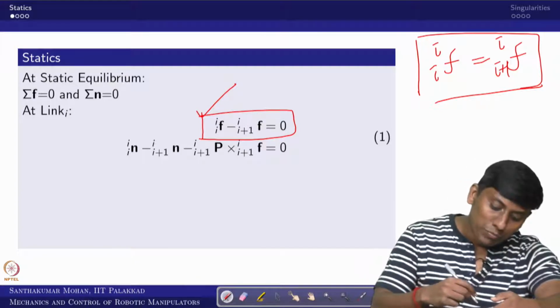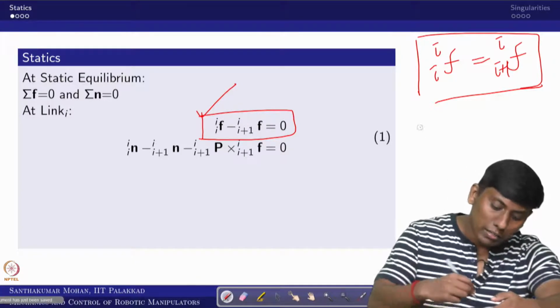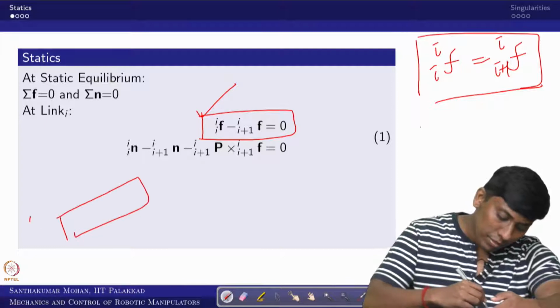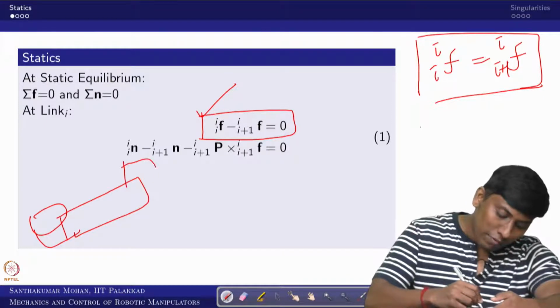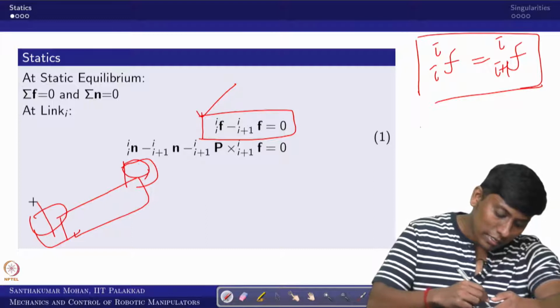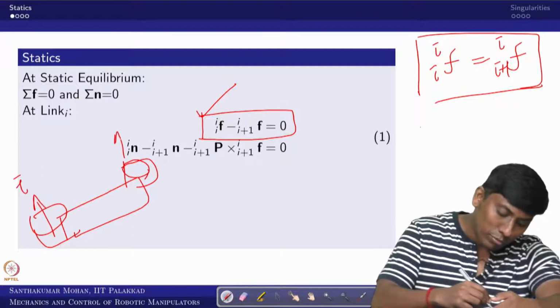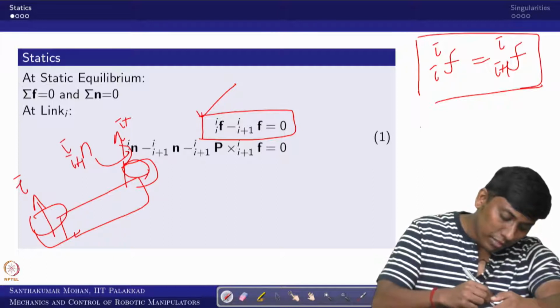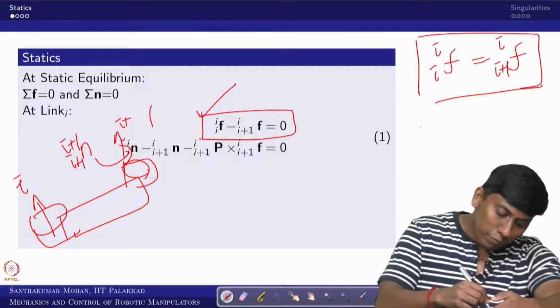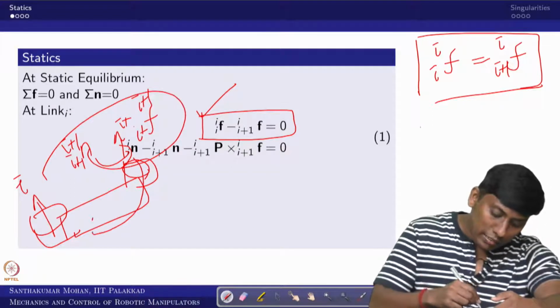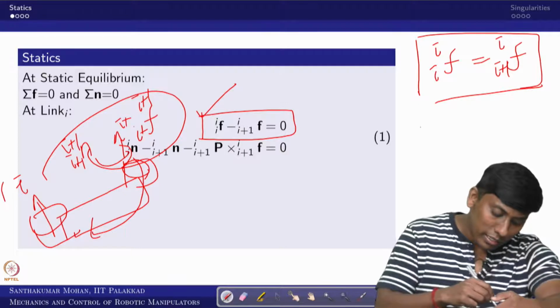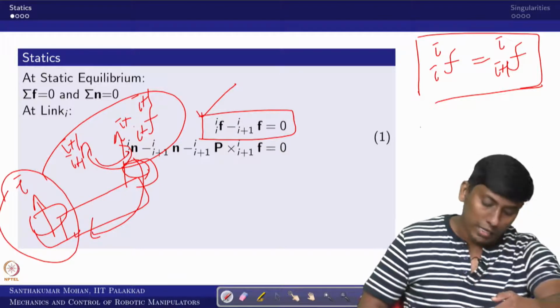Similarly, the moment also, you can see this link. This link has an ith joint and an I plus 1 joint. So this would have an angular moment, and this would have a force vector I plus 1 to I plus 1. These two generate the torque at the ith frame.